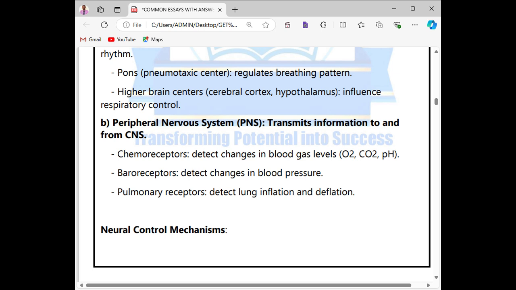The central nervous system will integrate that information and give feedback on how the respiratory system should adjust itself or respond to what is happening. Then the baroreceptors are there to detect changes in blood pressure. Is that okay now?